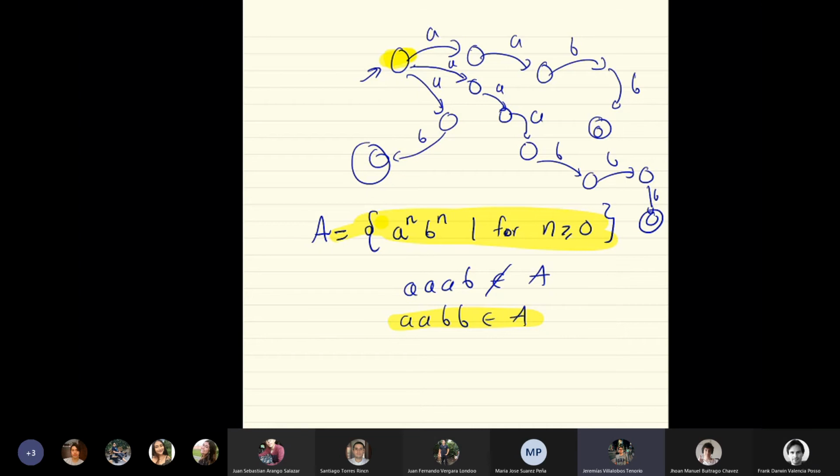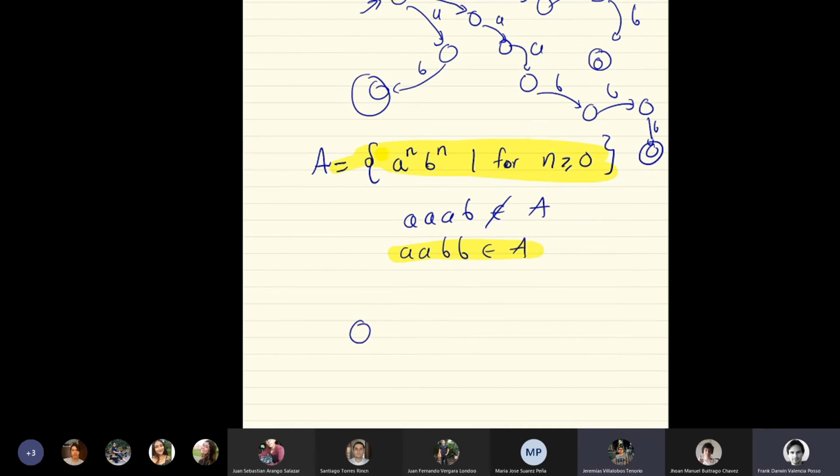So wouldn't that be accepted? Can you draw it? Yes, it has two states, the initial one and the final one. A makes it stay in the initial state like a cycle, and B goes to the final state.